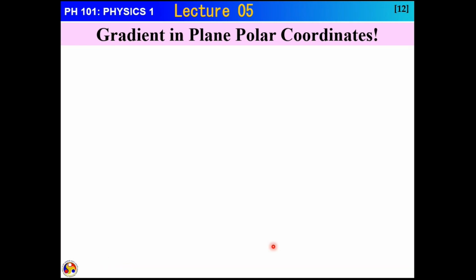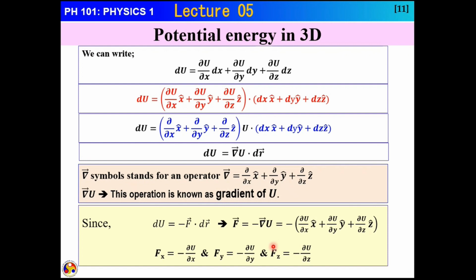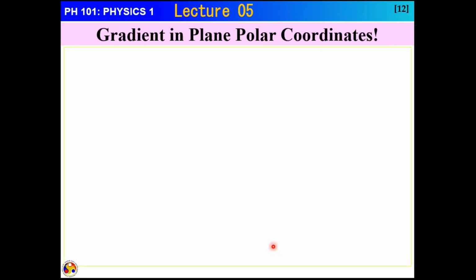Well, so we have written all these gradient formulas and so on in the Cartesian coordinate, and let us move to a little bit uncomfortable zone, and that is plane polar coordinate, and I want to write the same thing here.